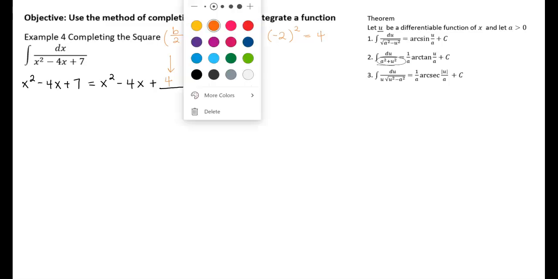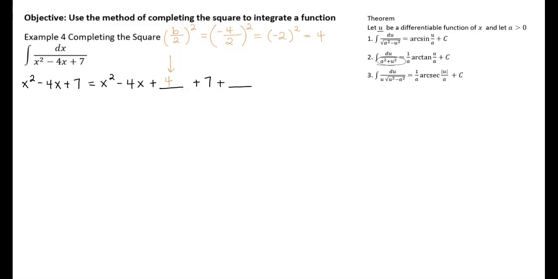And if we're adding 4 into that blank, then to balance this equation and make sure that we haven't changed anything, in the last blank I'm going to subtract 4. So notice I did change my sign right there. We added 4 in the first blank, and we subtract 4 in the last blank, so that we haven't changed the problem.